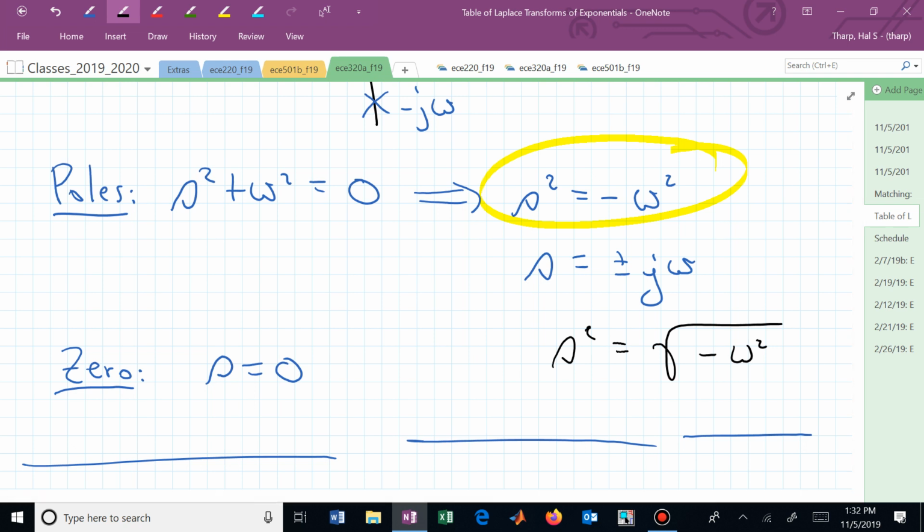Now the square root of minus 1 is j, and that's where the j is coming from. And s is equal to plus and minus the square root of minus omega squared. I think the question was, how did I go between the highlighted yellow and the line below it? But that's just solving for s, which is taking the square root of both sides. Was that the question?